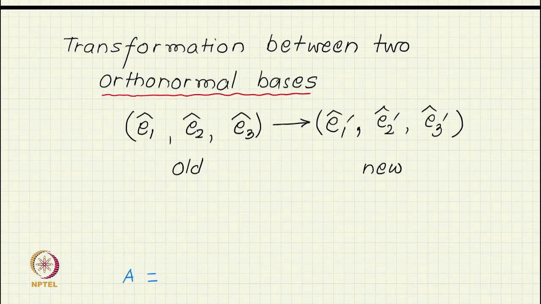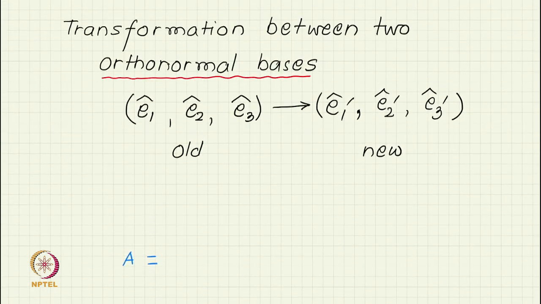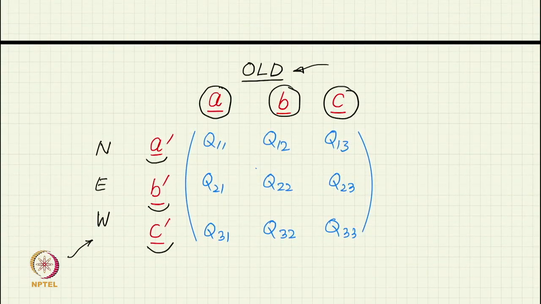So, how do we now write the coordinate transformation or the basis transformation for this case? Well, it is exactly the same, because what we have handled is a much more general case when we said that the transformation is from A B C to A prime B prime C prime. We were not putting any constraint on the lengths of A, B and C or the angles between them.